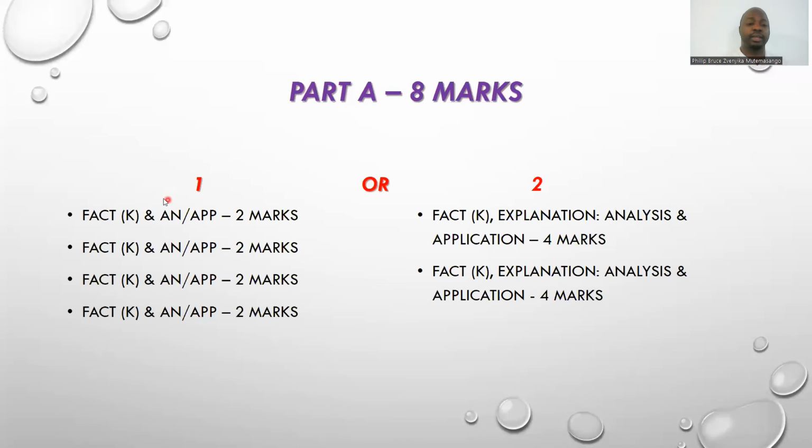So in the case that the question says, for example, explain 4 ways that you can use to motivate employees, this is simply a general question, and you are supposed to provide 4 facts, and then you analyze them. So for each fact and analysis, you are going to be awarded 2 marks, times the 4 facts that you have selected, then you are going to get 8 marks with the analysis.